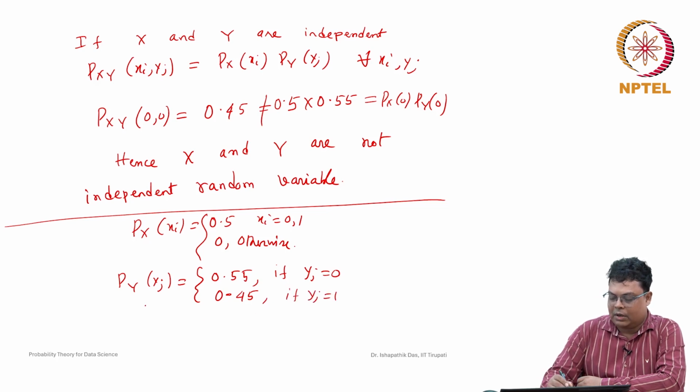So this is the probability mass function of yj, and 0 otherwise.